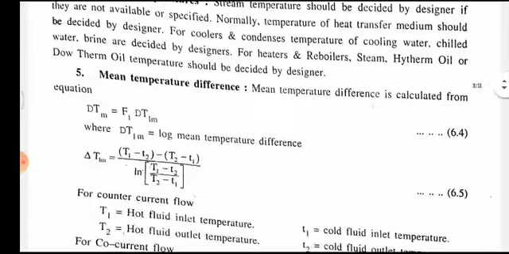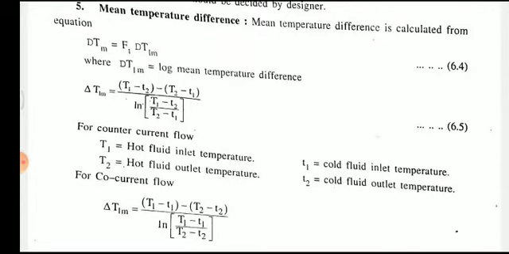Then next is the mean temperature difference. The mean temperature difference is calculated by the equation delta T = Ft times delta T lm, where lm means logarithmic mean temperature difference.